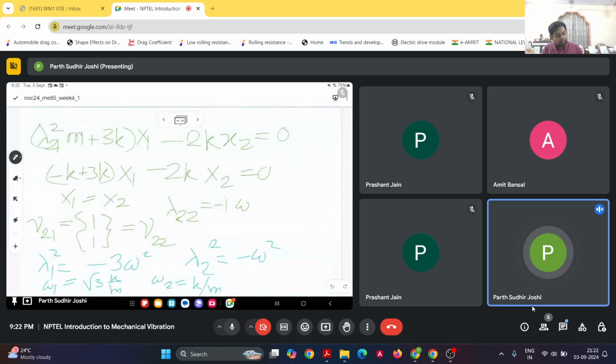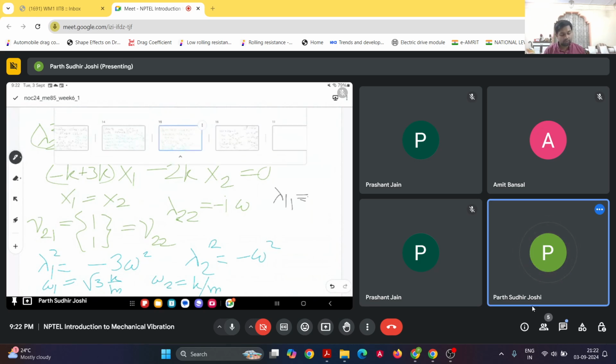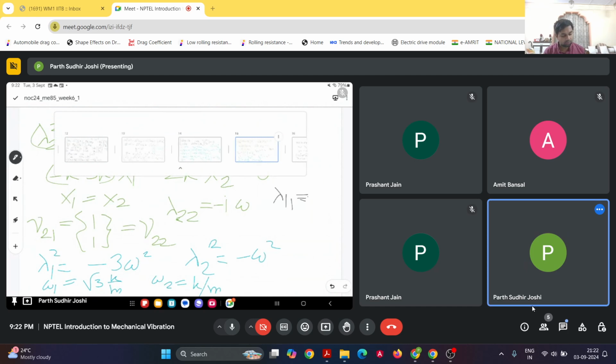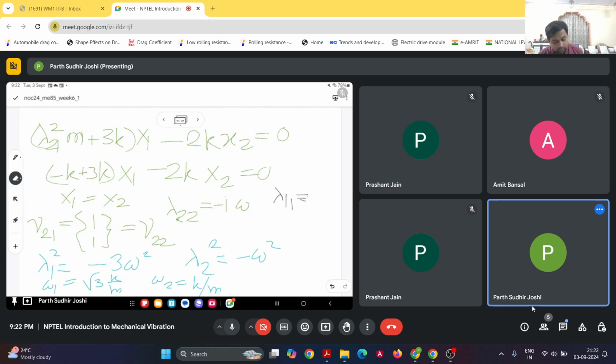So similarly here, when we say lambda 1 square is equal to minus 3 omega square, the root of lambda 1 square, lambda 1, is something into root 3 I omega, right?